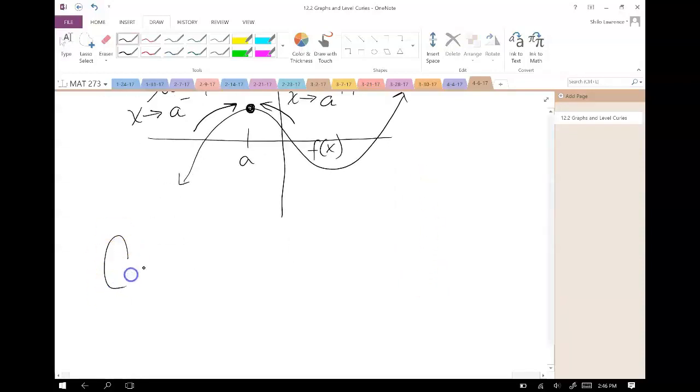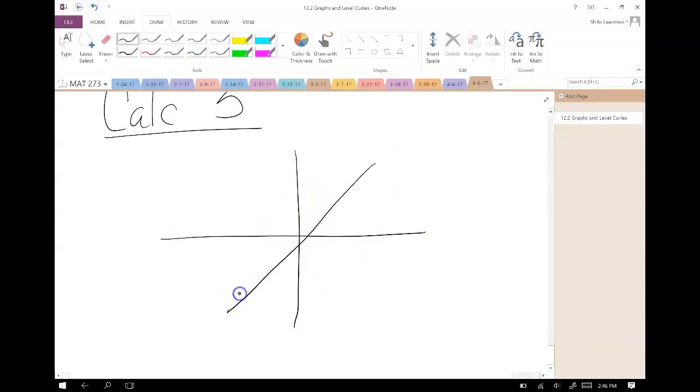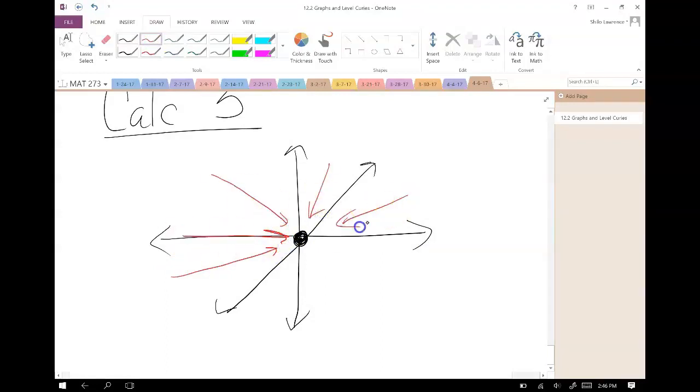And this is really hard to draw. But if I wanted to approach the origin, those are all straight lines too. We don't have to come in on a straight line.